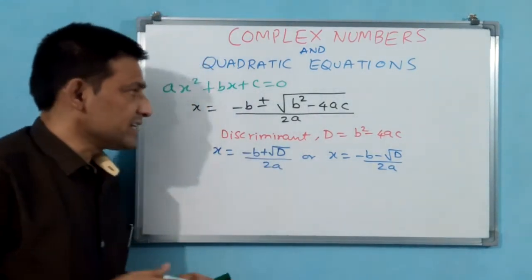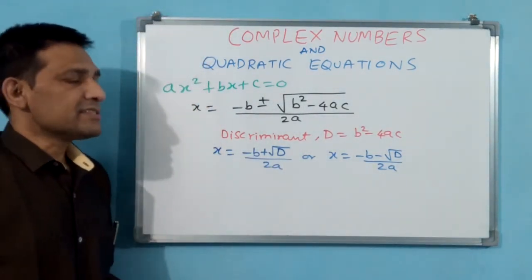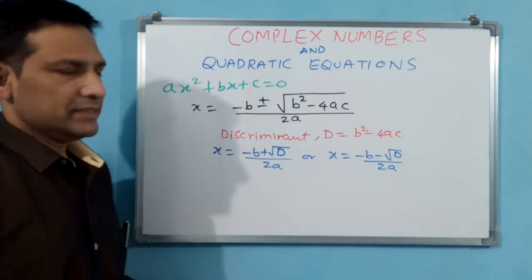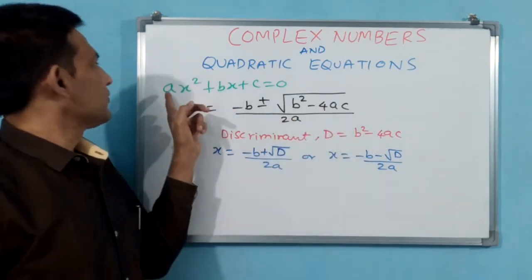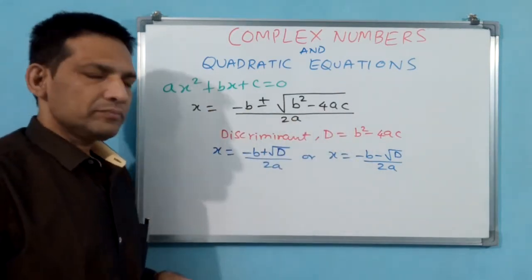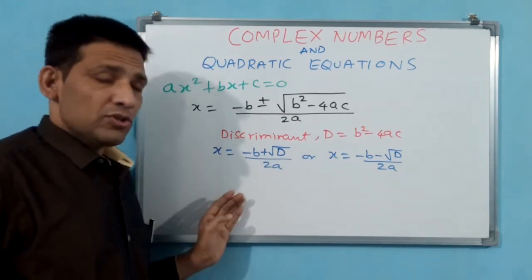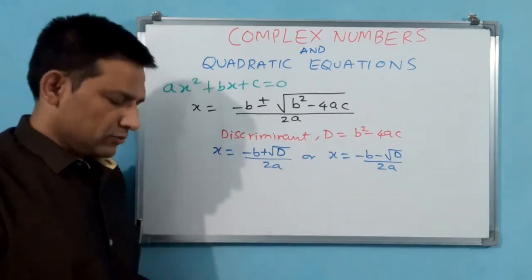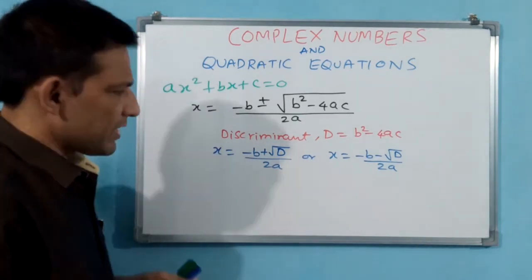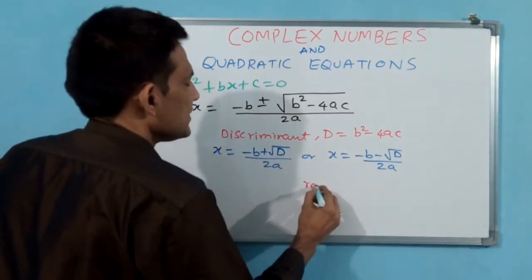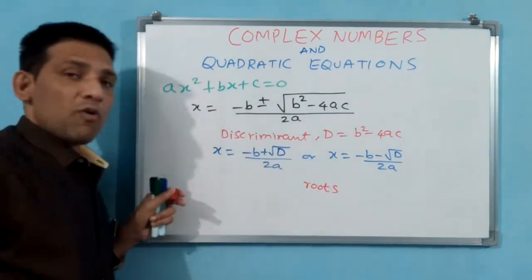Here D is the discriminant, D is b square minus 4ac, and a, b, c are constants. These two are solutions, and these two are going to be called roots also. What roots?